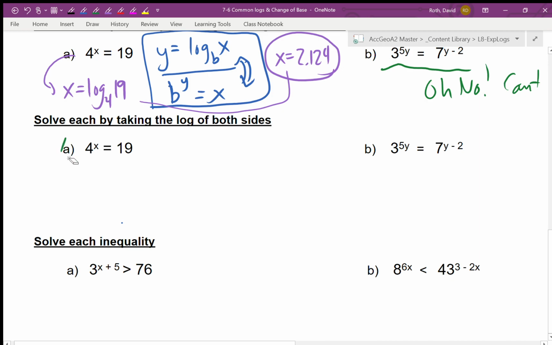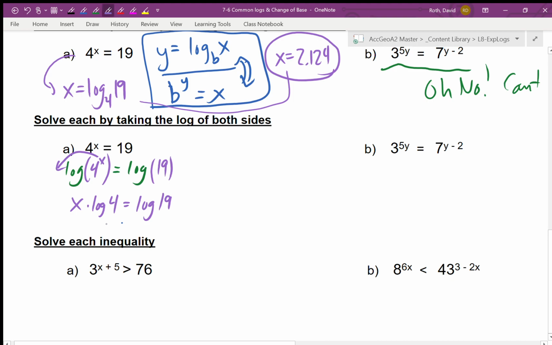I'll write it out. I'll take the log of that side and the log of 19. The log of 4 to the x power, no, it's not 4x, it's 4 to the x power. Silly me. And then we use our properties and say, I remember that. x comes down, x times the log of 4 equals the log of 19.